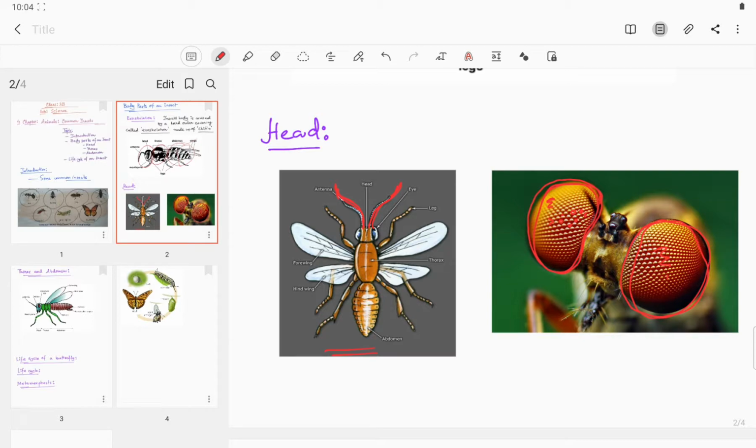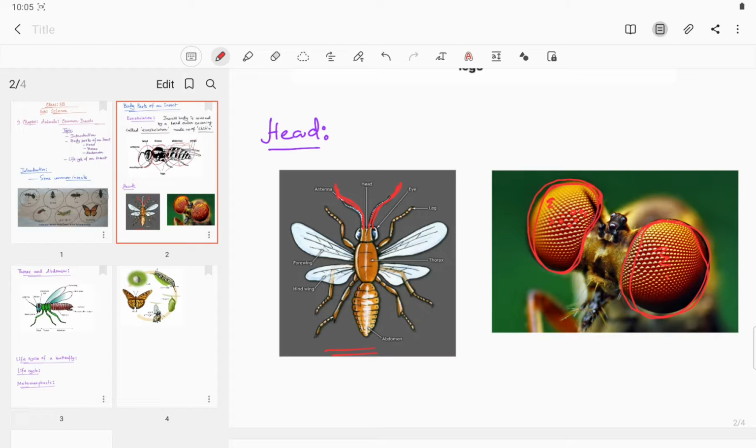This is a compound eye which is made up of several smaller eye units. They are able to detect movement near them very quickly because of the compound eyes. This helps them to protect themselves from their enemies, right?